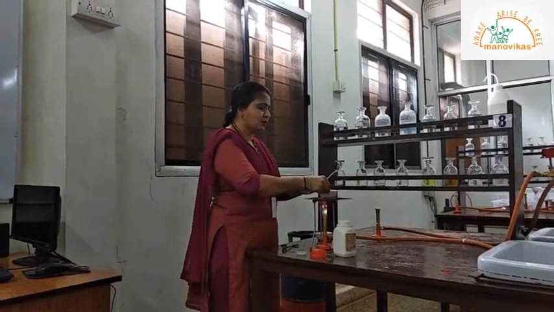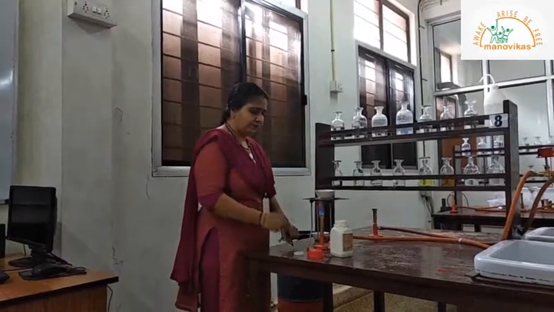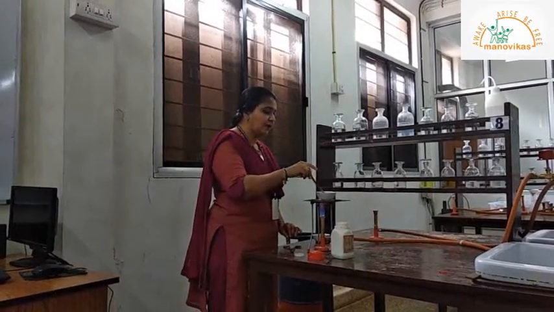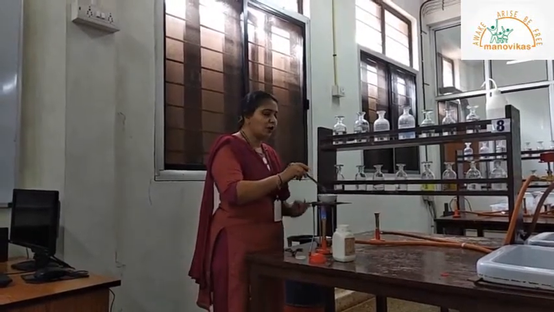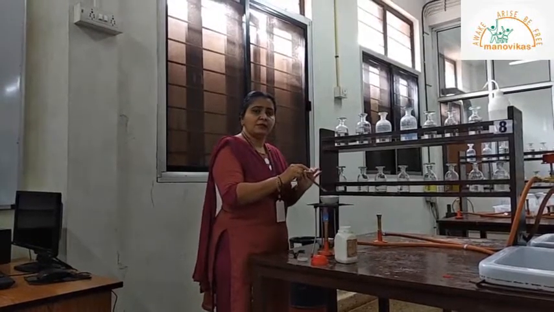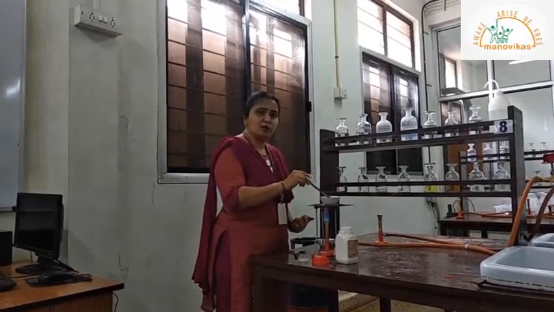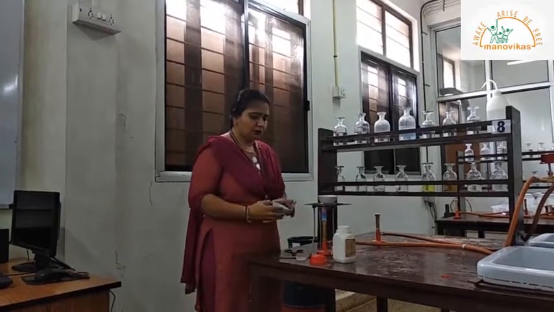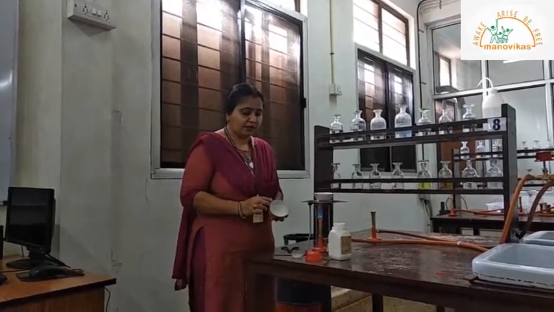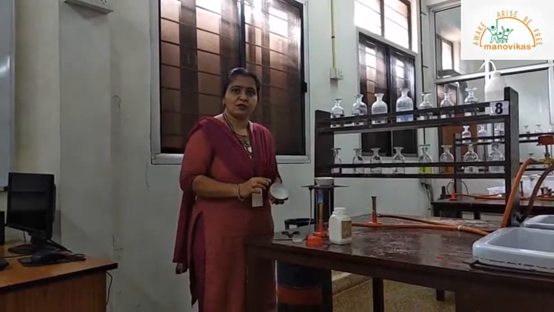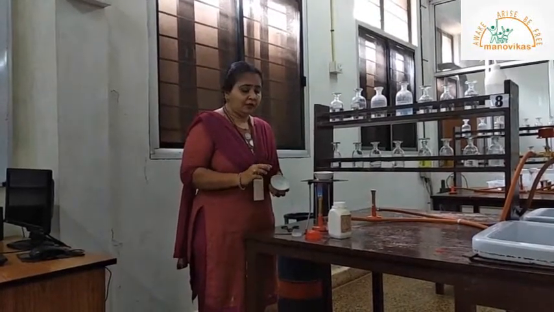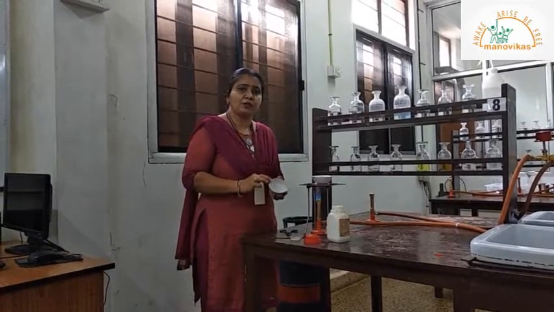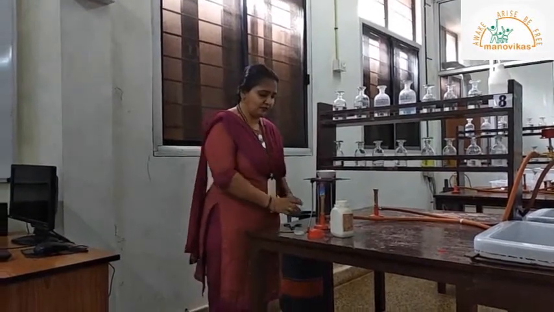This is how evaporation takes place. Here after heating, all the water gets evaporated and only the salt remains behind. You can see the salt which remains once the water gets evaporated. This process is known as evaporation.